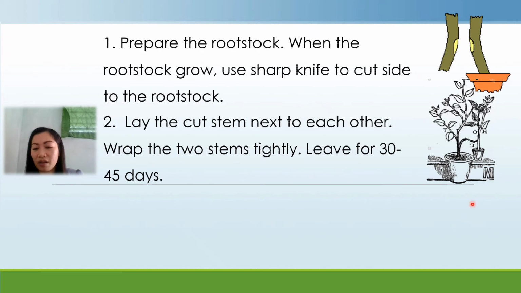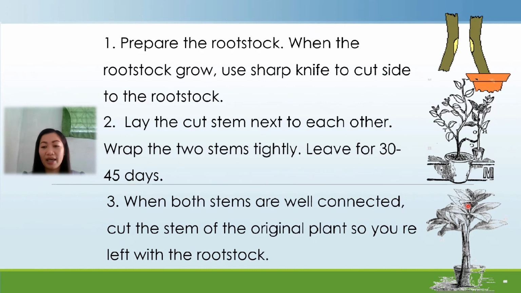So again, this is the rootstock. This is the mother plant. And then you have to attach another stem. So that is inarching, two stems. And then the last step: when both stems are well connected, cut the stem of the original plant so you're left with the rootstock.